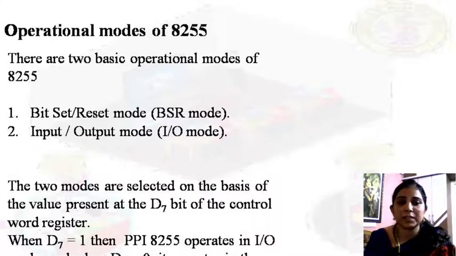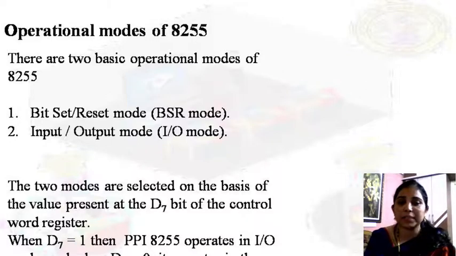As we have discussed, there are two modes in the 8255. One is BSR mode and the other is IO mode. The two modes are selected on the basis of the value present at the D7 bit. And you know, students, a bit carries single-bit data, that is 0 or 1.